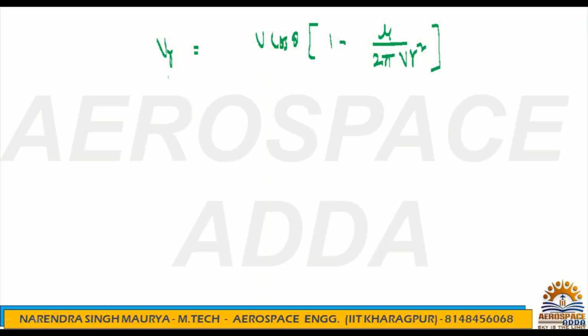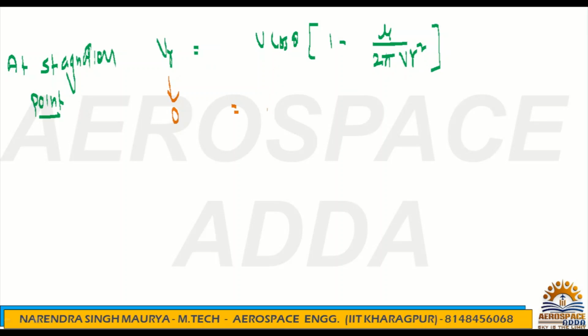You can write here, at the stagnation point, this radial velocity should be 0. I will show you. Yes, obviously.